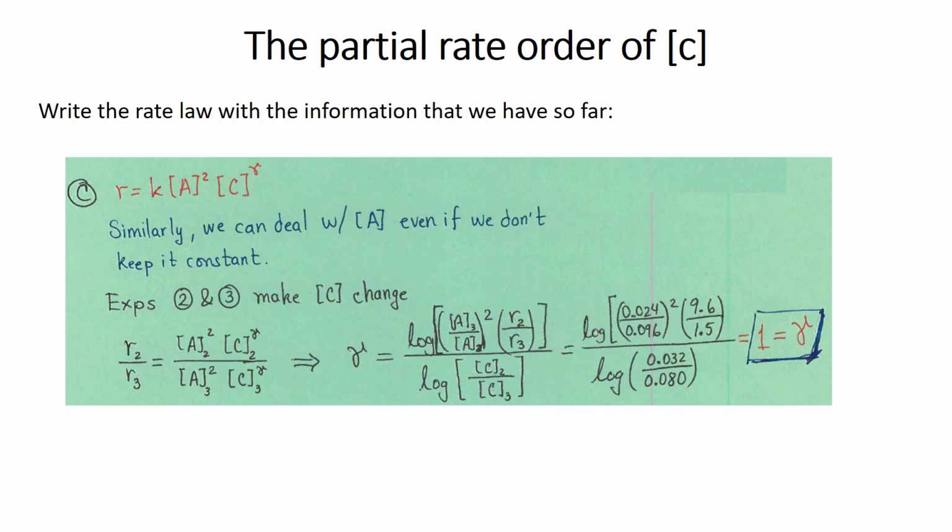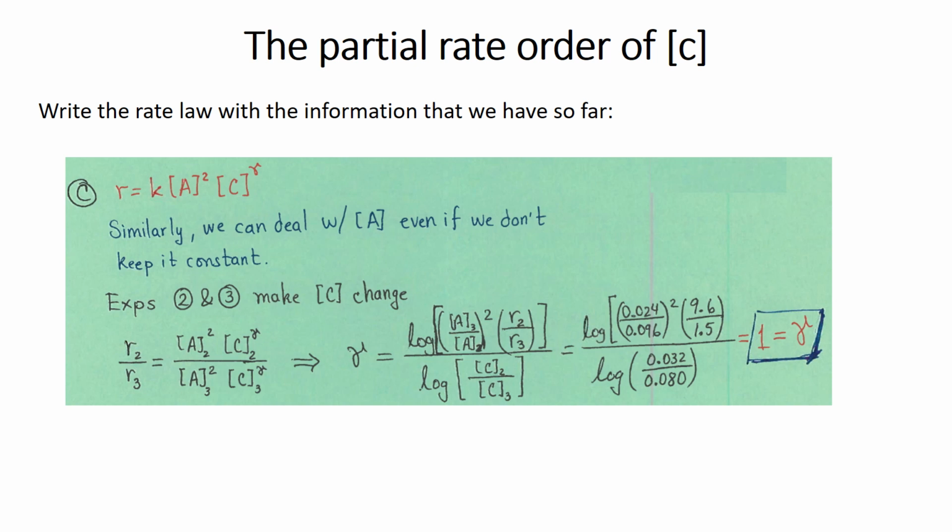A is going to come up only as numbers. So if we choose experiments 2 and 3, those two experiments make C change. Experiments 1, 2, and 4 all have the same concentration for C, so we have to pick the two that make C change. I write the rate laws as I did before, and in this case A doesn't cancel, but A is just a bunch of numbers.